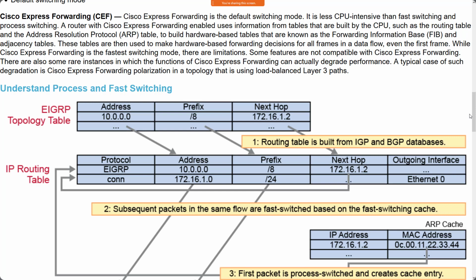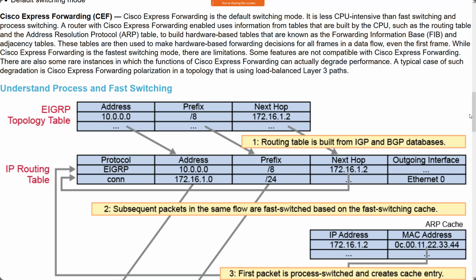Oftentimes the load balancing mechanism that a router uses is completely different than the load balancing method that Cisco Express Forwarding chooses. And that's where that polarization comes into play. Polarization is when one link is going to be utilized more than other links based on the decisions that CEF is making.